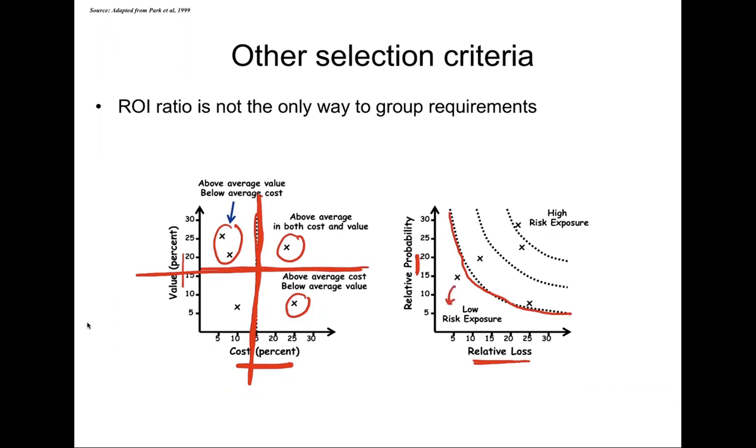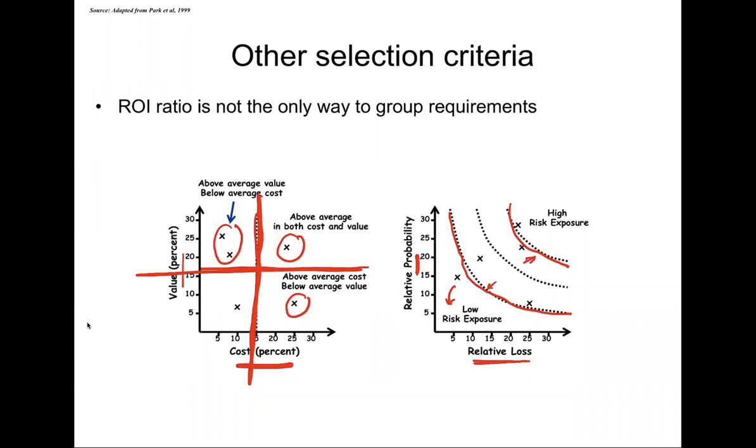Any requirements above this would be of high risk exposure. Anything in between would still be neutral. So as you can see, there are different ways to prioritize requirements. The most common one is the cost value analysis, especially with the ROI. I could use the ROI boundary lines, or I could use the sharp division lines of the cost and value, or I could even use the loss versus the probability risk distribution.